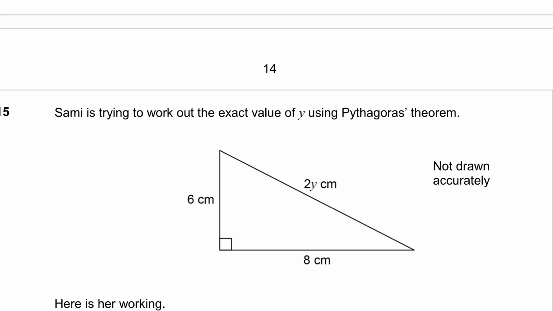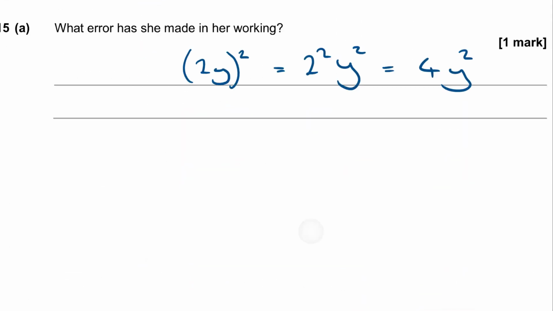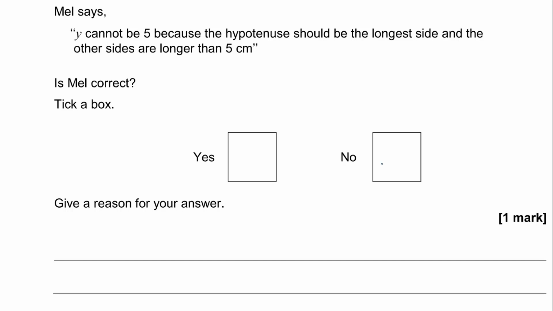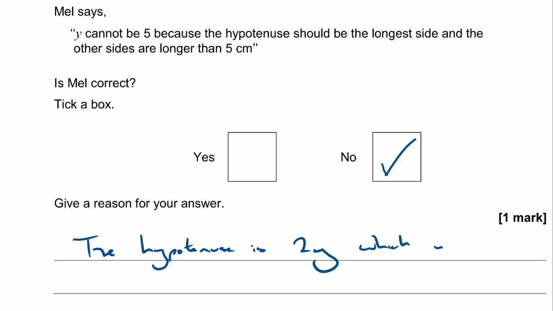Not 5, and 10 would then be the longest side. So is Mel correct? No, she is not. Give a reason. The hypotenuse is 2y, which would be 10, which would be the longest side.